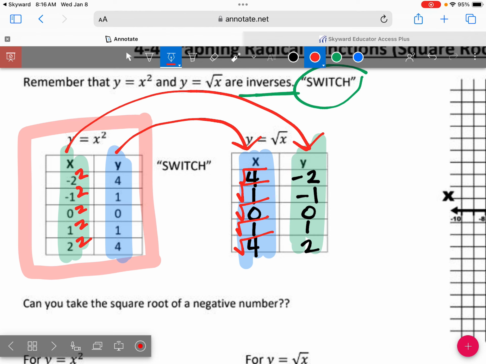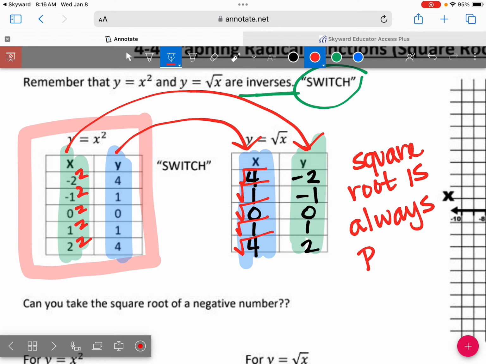Now, if you remember from last semester, I'm going to remind you just in case you don't. If you take the square root of a number, it has to be positive. So I'm going to write that. The square root is always positive. And because of that, we lose some points in our inverse table.